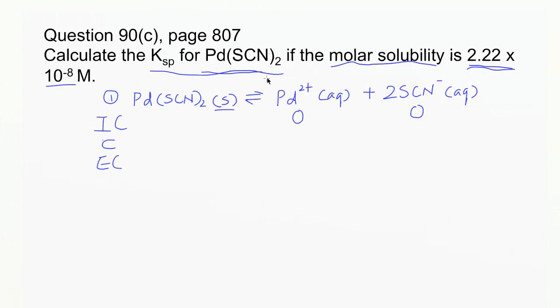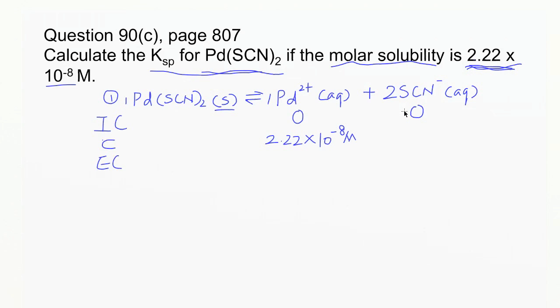Okay, so if this much of the lead thiocyanate dissociates, it will generate the same equivalent of lead in solution because this is a 1:1 ratio. Okay, so the change for lead is 2.22 times 10 to the negative 8 mole per liter.